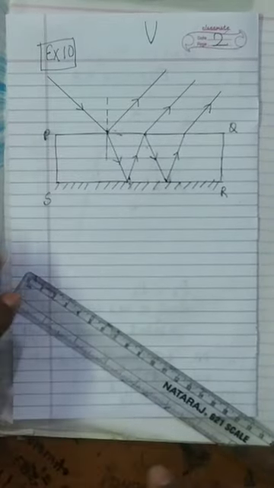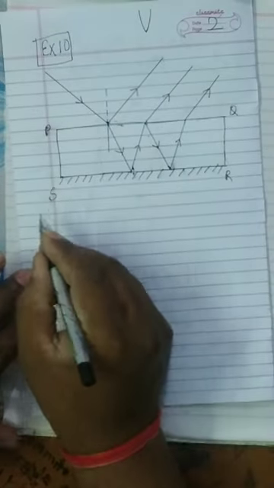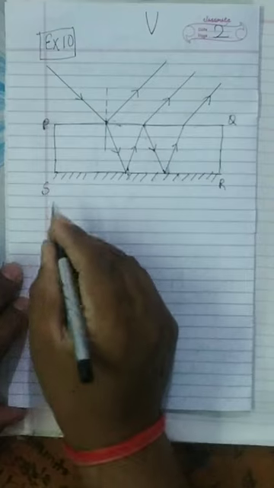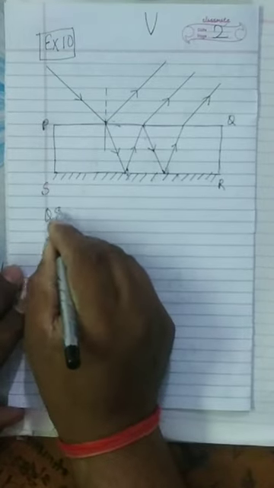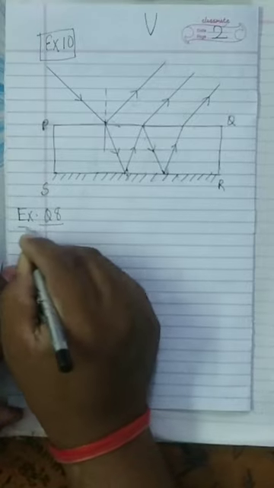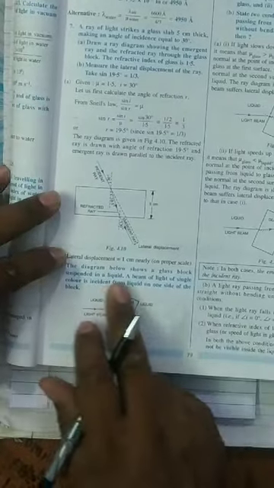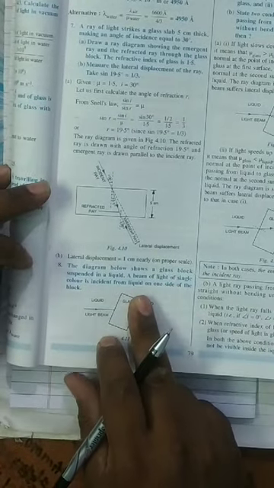Now you can see here question number 8. Question number 8 is also a very good question. This is example 8. The diagram below shows a glass block suspended in a liquid.